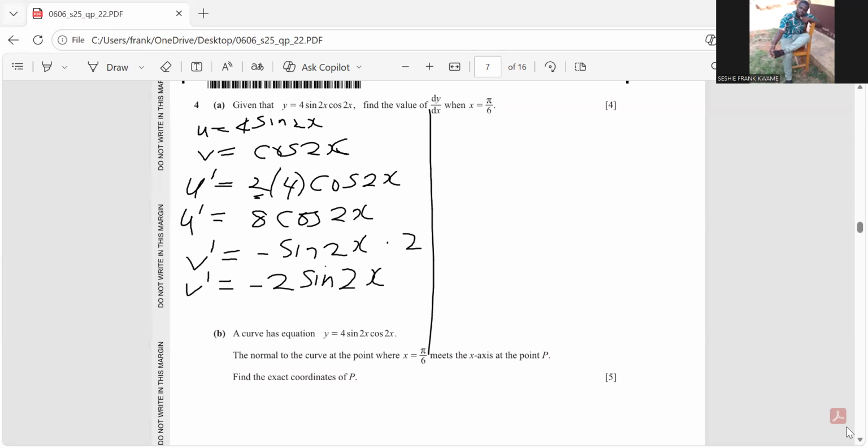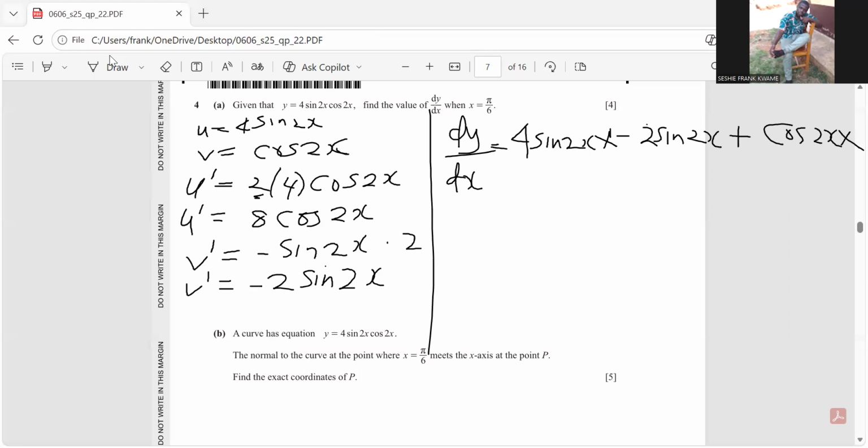So how do you differentiate? dy/dx should be u, keep the u, that is 4 sin 2x, times differentiate the v, which is negative 2 sin 2x, plus keep the v, which is cos 2x, times differentiate the u, which is 8 cos 2x.